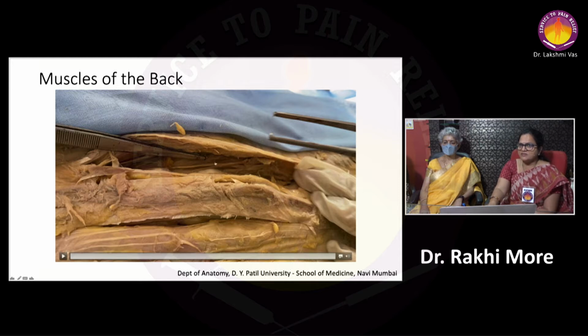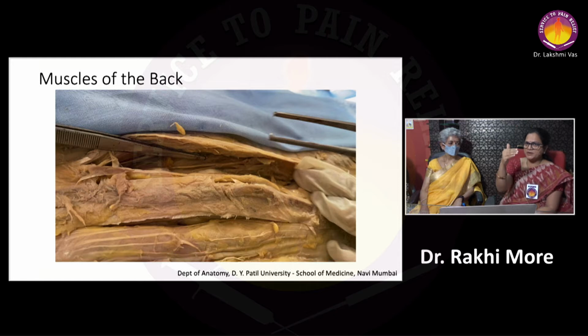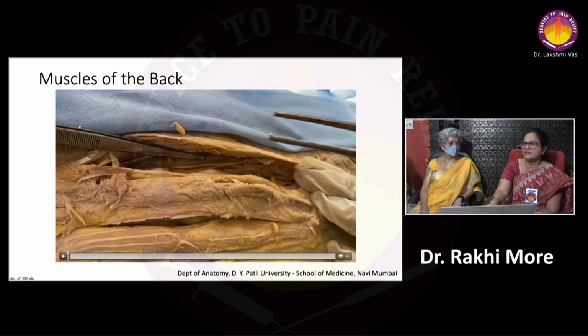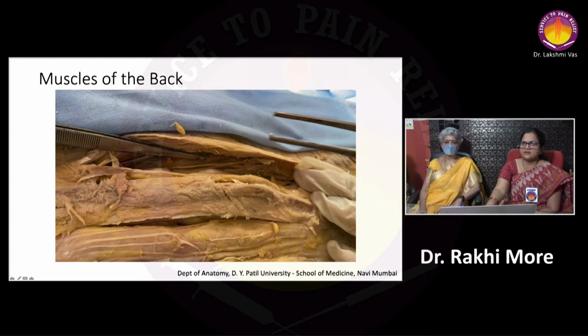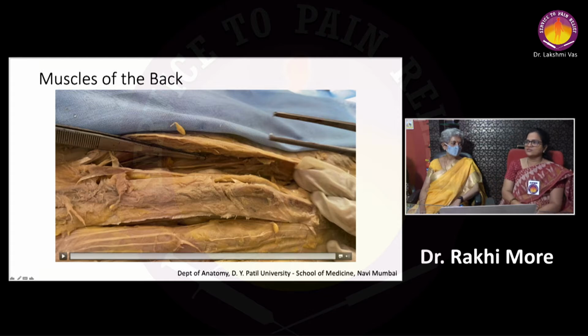So the muscles in between them, from superficial to deep, will be the semispinalis, then the multifidus, and then the rotators. And between the two transverse processes will be the intertransverse area, and in between the two spinous processes will be the interspinous muscles. The deeper dissection is really not possible. Means the layer-wise dissection is not possible in an embalmed cadaver.